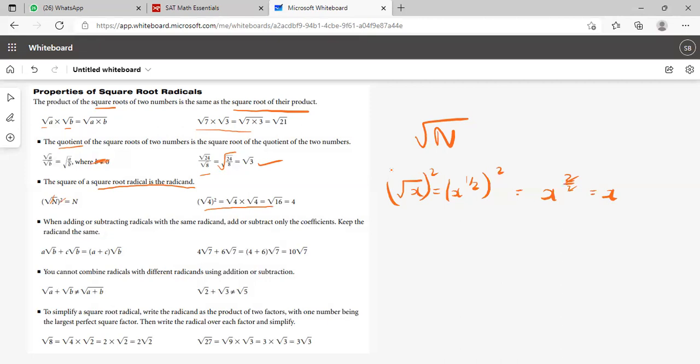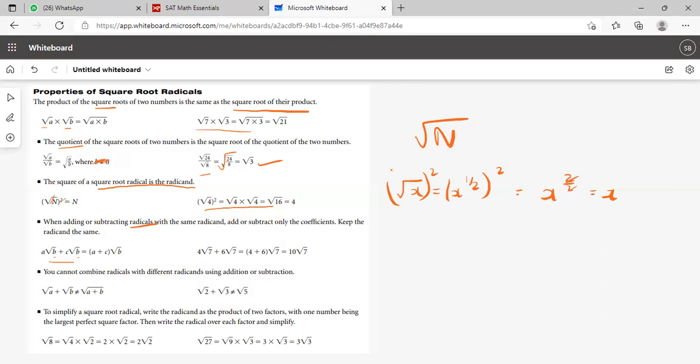When adding or subtracting radicals, now we are adding radicals with the same radicand. In this case, we are adding two radicals, and b is the same. The radicand is the same. Add or subtract only the coefficients and keep the radicand the same. Simple.